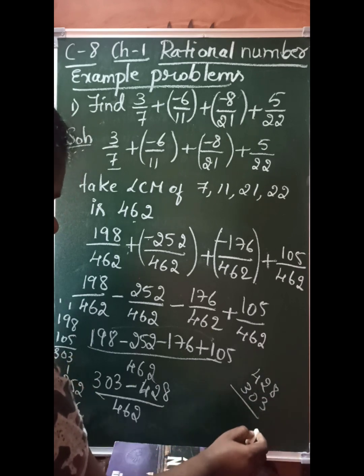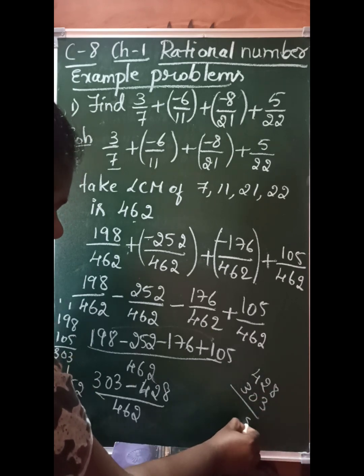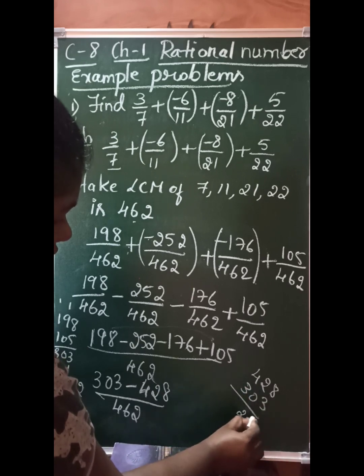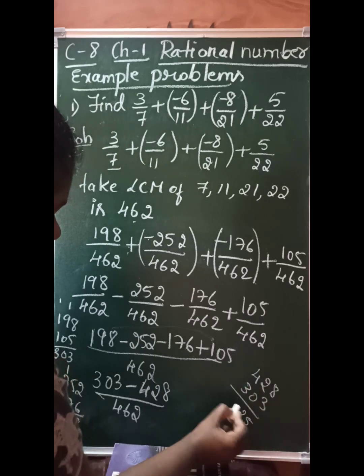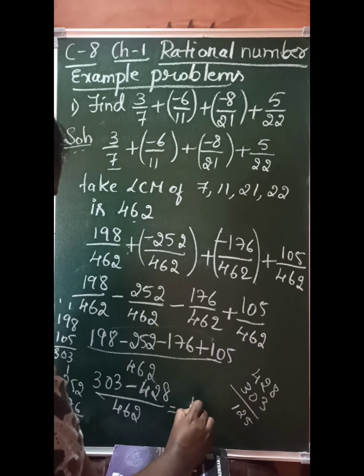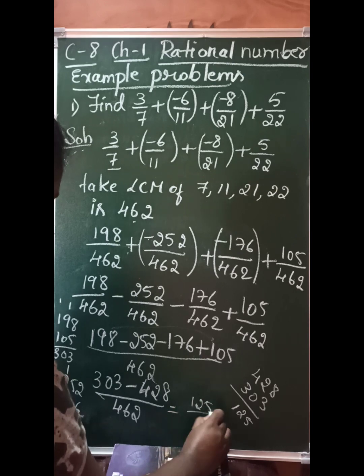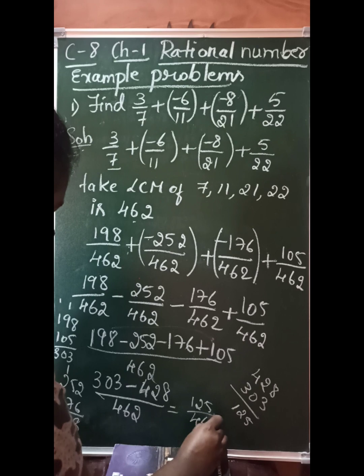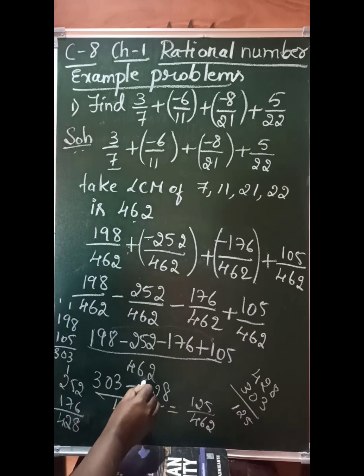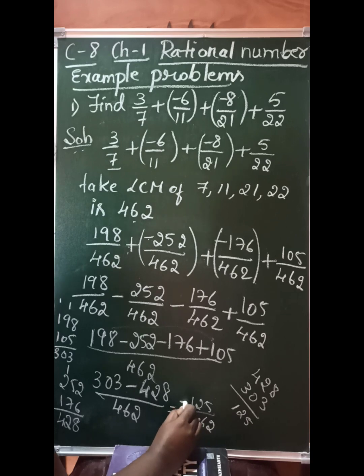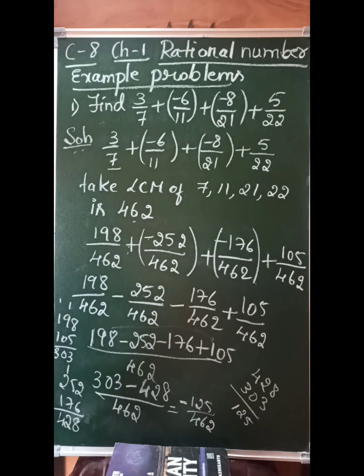Find the difference of this. 8 minus 3 is 5, 2 minus 0 is 2, then 4 minus 3 is 1. So 125 divided by 462. Here the larger number has a negative sign, so consider negative here. So this is how you have to solve the given problem.